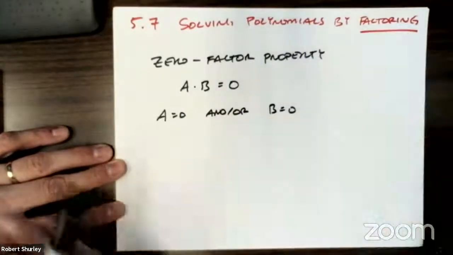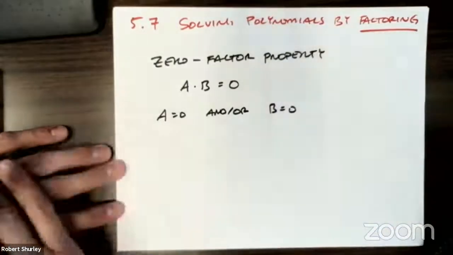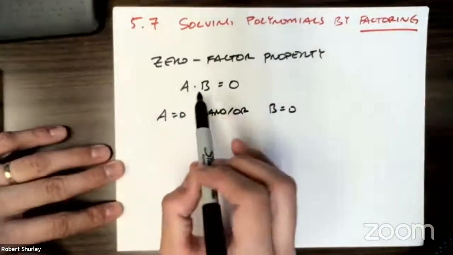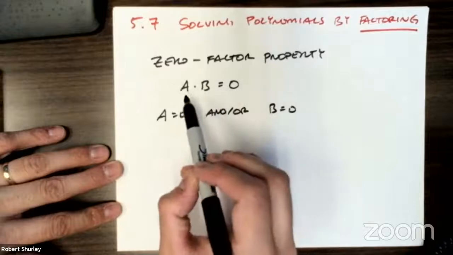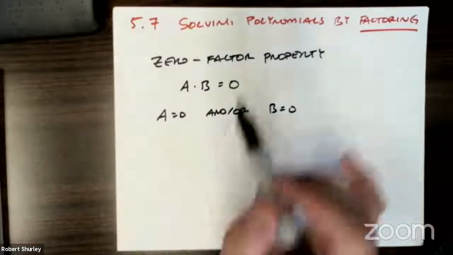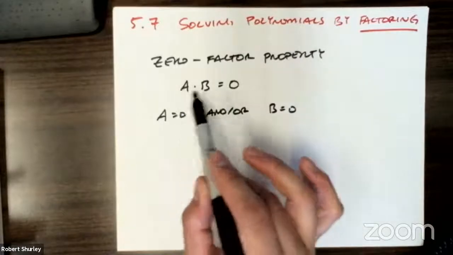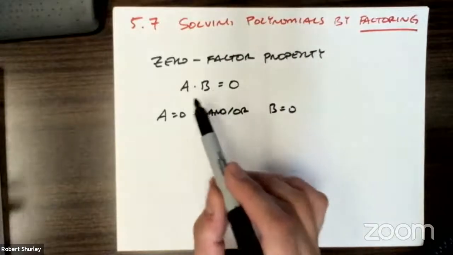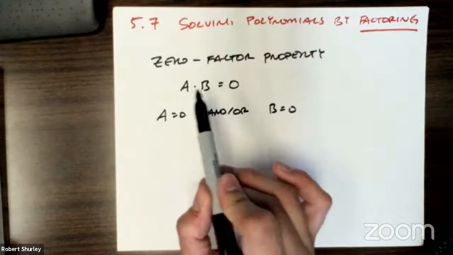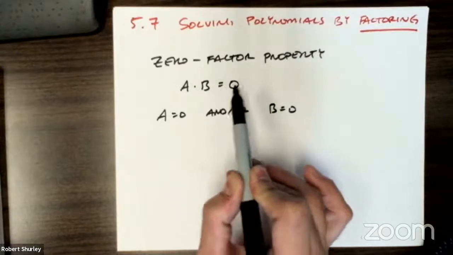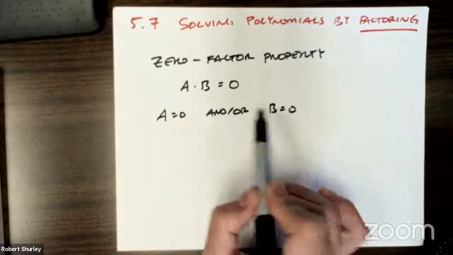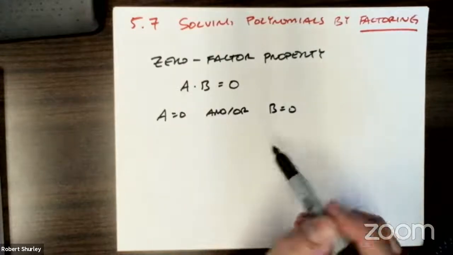And we're going to use it to solve by factoring, because what we're going to do is actually create multiplication. Remember, the last two sections we've talked about going from addition or subtraction into creating multiplication, typically of binomials. But once we create the multiplication and have it equal to zero, we can set both of those equal to zero and then just solve it out.